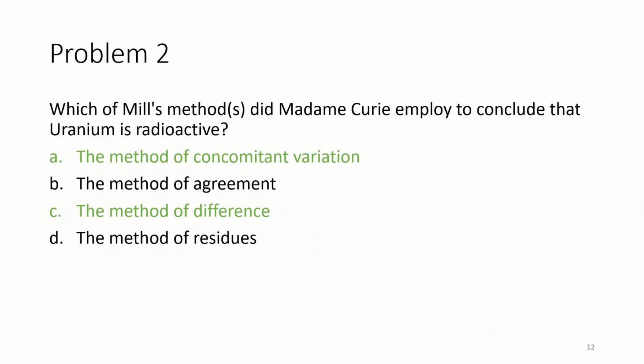In that condition, she already knew that uranium is radioactive. Here the first question was whether uranium is radioactive or not, the first part of her study. After she knew uranium is radioactive, then only she could go to polonium and radium. So if I had asked about polonium or radium, maybe there the method of residues was more suitable.